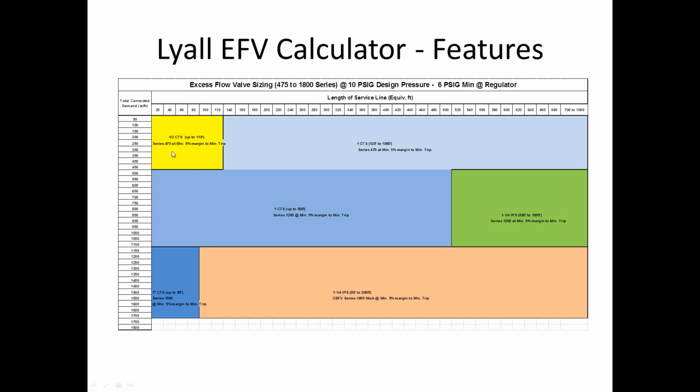Here on this table, you'll notice we've used half CTS, 1 CTS, inch and a quarter IPS for these residential size services. This table is based upon series up to 1800 at 10 psi design pressure and keeping 6 psi minimum at the regulator. Your parameters may vary, but that's okay. You can set those into the calculator as you're building these tables.